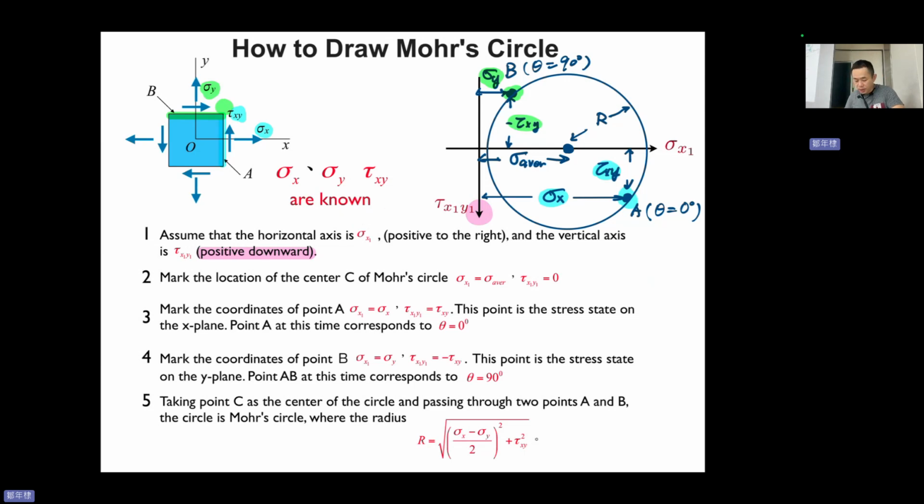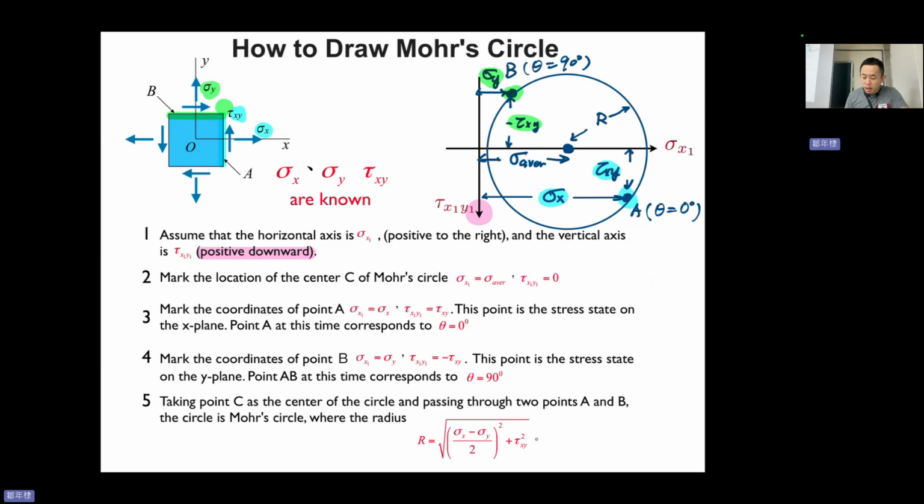You know the values given by the problem, and then you draw sigma x1 as positive to the right and tau x1y1 positive downward. So this is really difficult, something different from our common sense, okay?